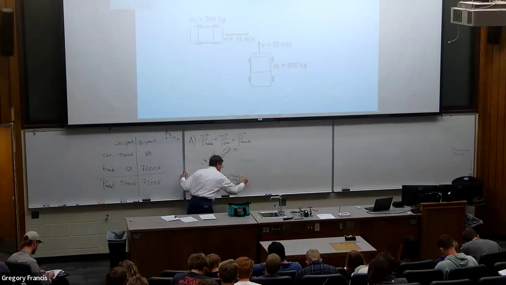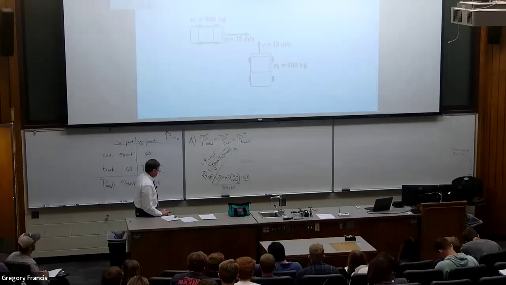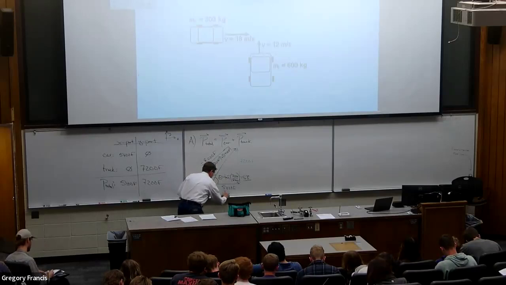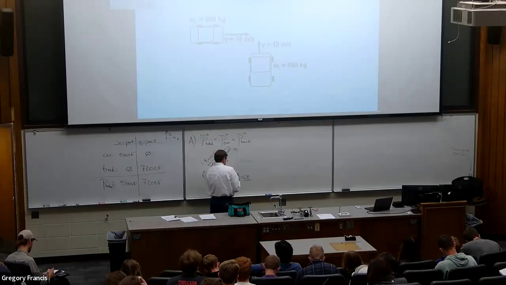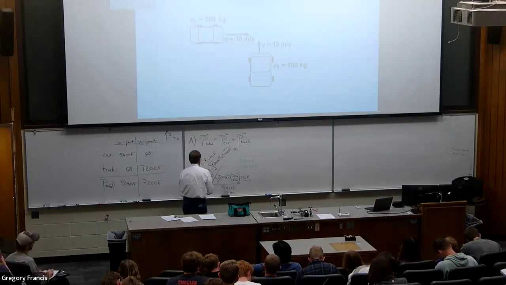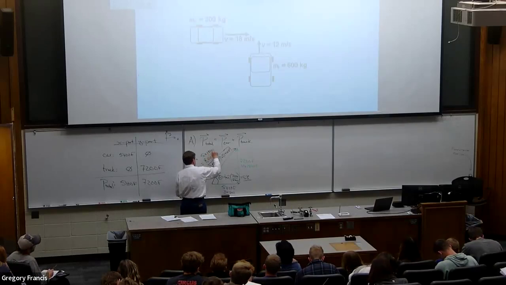And wouldn't you know it, that's 53 degrees. Who saw that coming? Okay. And this is a 3, 4, 5 triangle. This is 3 times 1,800. This is 4 times 1,800. And this is 5 times 1,800 Franci.